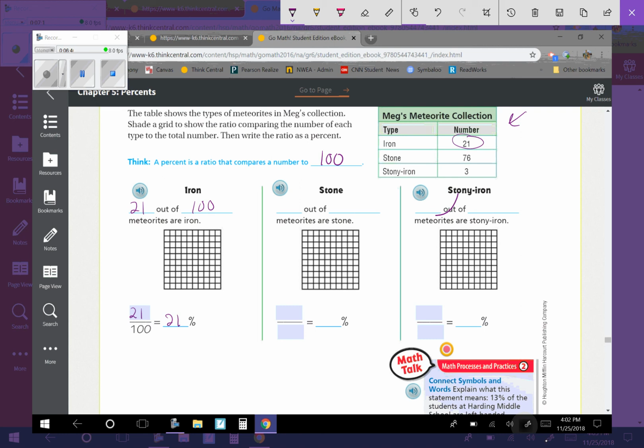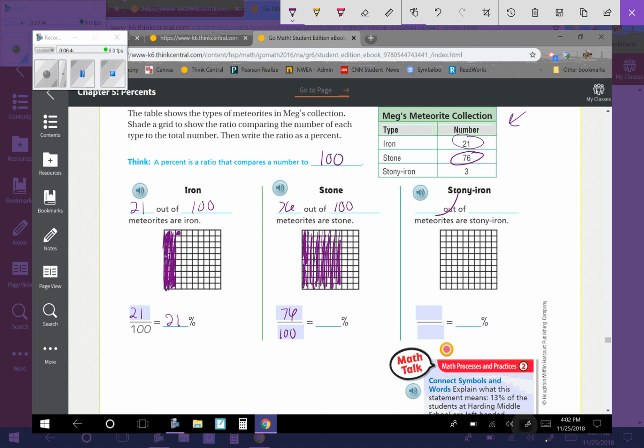To shade that, I would do, that's 10, 20, 1. And then for stone, we have 76 out of 100. So we have 76 over 100. We have 2, 3, 4, 5, 6, 7.